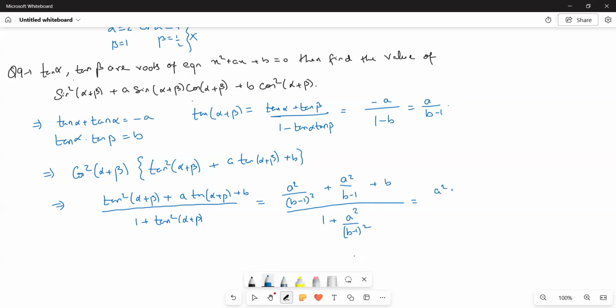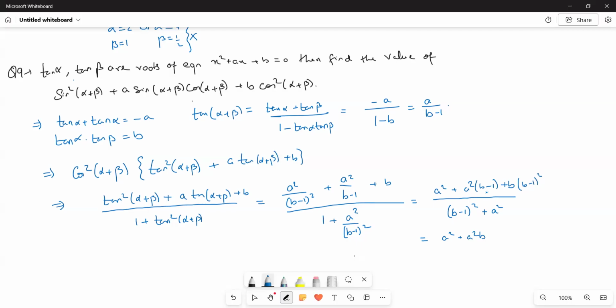So we'll have a square plus a square into b minus 1 plus b, divided by b minus 1 whole square, plus a square. So simplifying again, b with b minus 1 whole square will also be there.